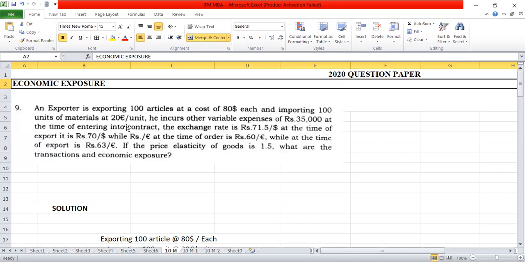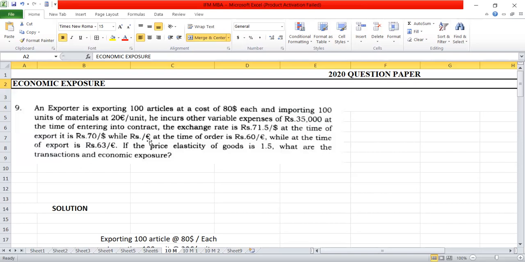Raw materials is a variable cost, and this is the revenue. He incurs other variable expenses of 35,000 rupees, in rupees. At the time of entering into the contract, the exchange rate is 71.5 rupees per dollar. At the time of export, it is 70 rupees per dollar.